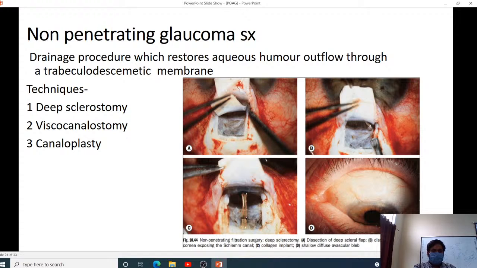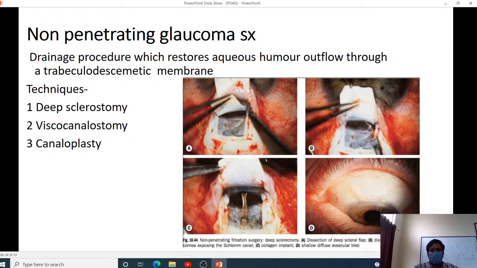The third line of treatment is non-penetrating glaucoma surgery. These surgeries are now coming up in clinical use. Mostly, these are drainage procedures which restore the aqueous humor outflow through the trabeculo-descemetic membrane. So the three types of methods are deep sclerectomy, viscocanalostomy, and canaloplasty.